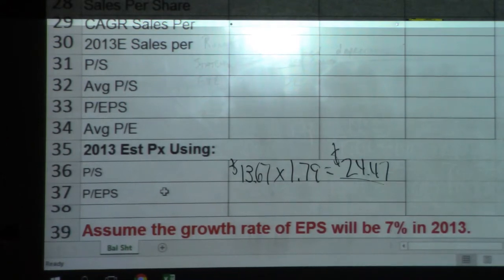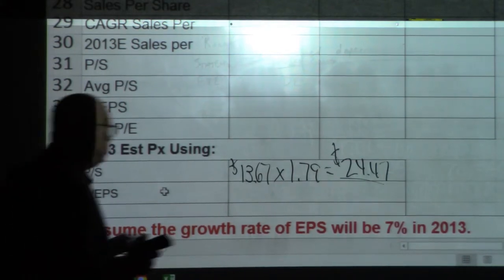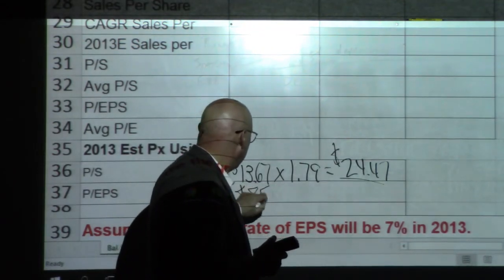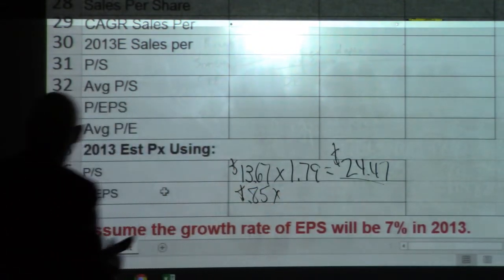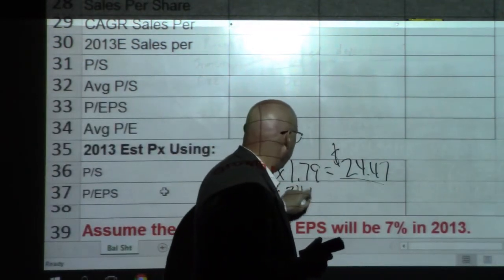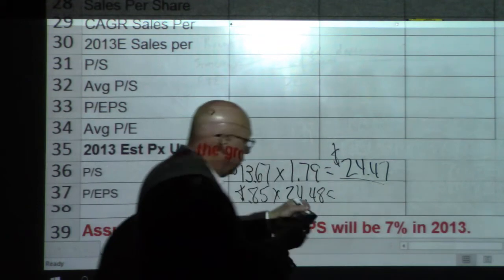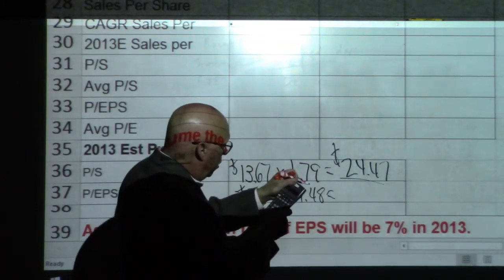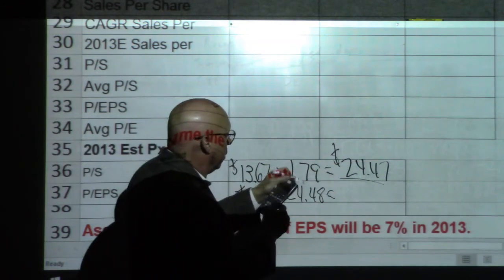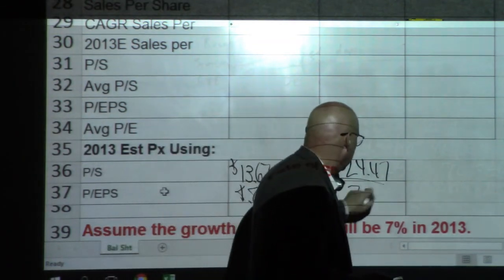So 0.85 times our average PE of 24.48. So 24.48 times 0.85, and we get a price of $20.80.